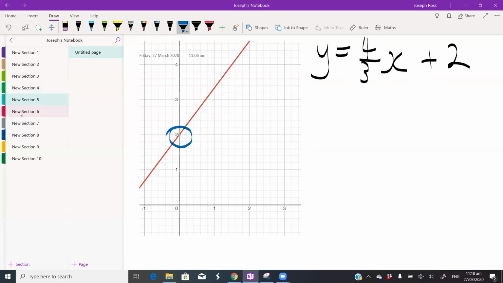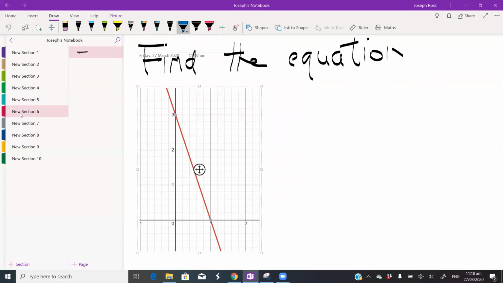Now, here's an equation to find the equation of this graph. We want something of the form y equals mx plus c. We need to find the values of m and c here. If we find m, which is the gradient, and we find c, we have our equation.